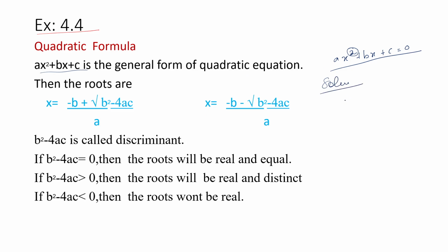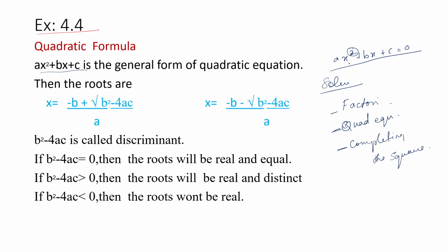The solution can be arrived at in three ways: factorization, splitting up the middle term, and completing the square. So three methods we have seen for finding the solution of the quadratic equation.